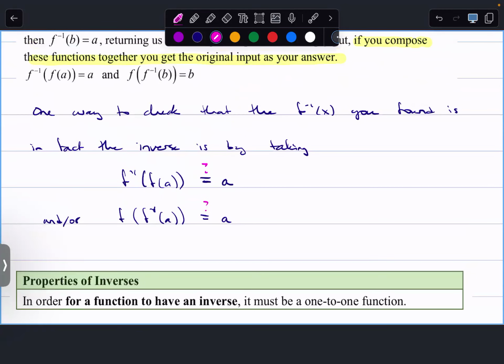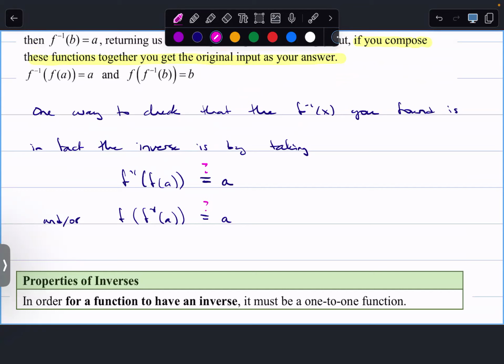So we'll use that. And this is one of the ways that I'm going to test your function compositions, right? Is I ask you to find the inverse on the test. And so then you solve for the inverse function, which we haven't really done yet, but we will.